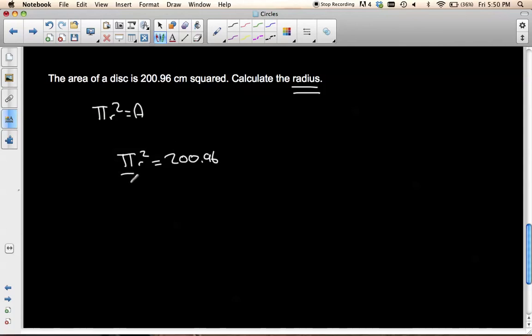Well, we need to isolate our radius, so we're going to do the reciprocal. 1 over pi, 1 over pi. 1 divided by 1 is 1, pi divided by pi is 1. 1 times radius squared will give us radius squared, and 1 divided by 1 is 1, and 200.96 divided by pi is going to give us 63.96.